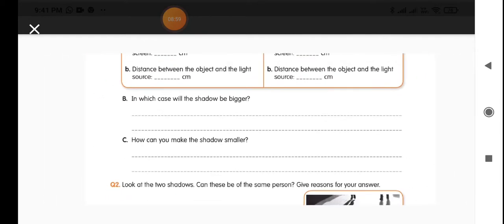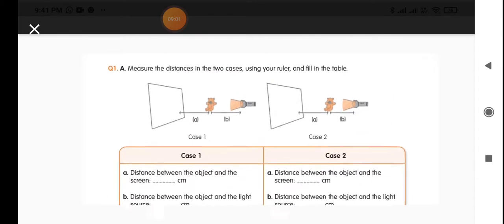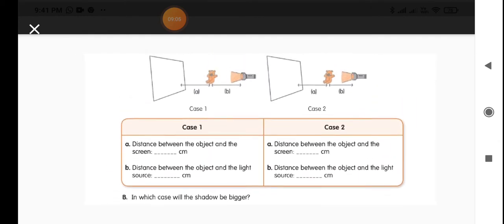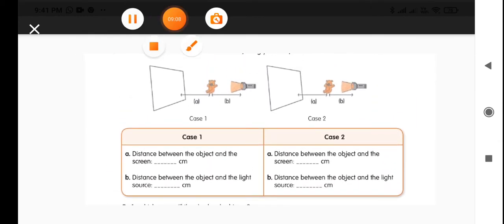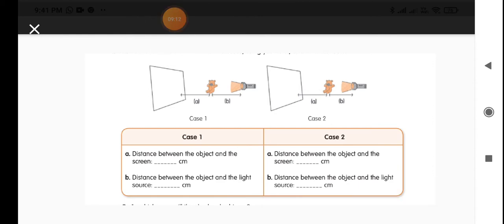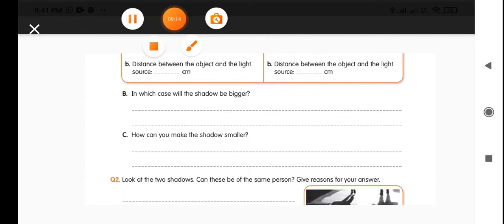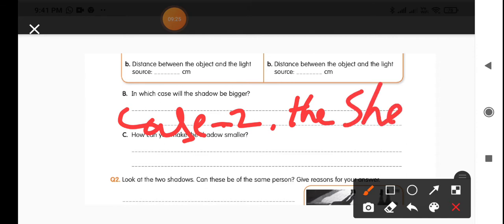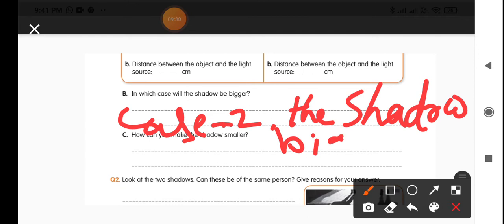In which case will the shadow be bigger? In the second case, the shadow is bigger because it is away from the screen and also near to the light. Yes? So in case 2, the shadow is bigger. Why?